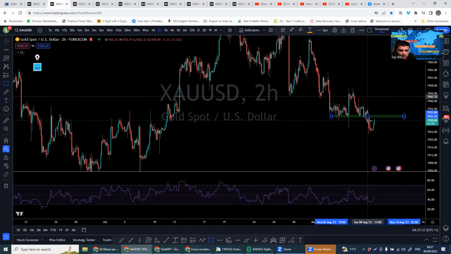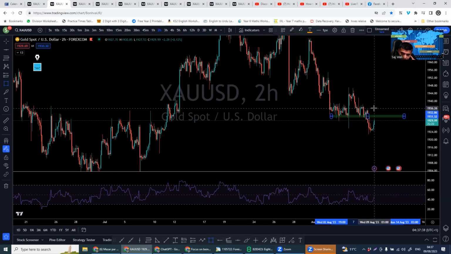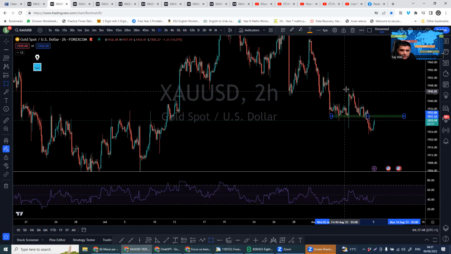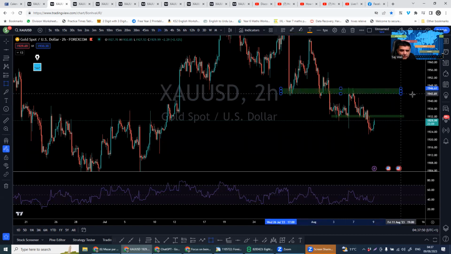And now the market is nearly there. We can take a sell trade with small risk, stop loss at 1936, or even further up, 1938. For the market to become bullish, it has to break the 1946 level.